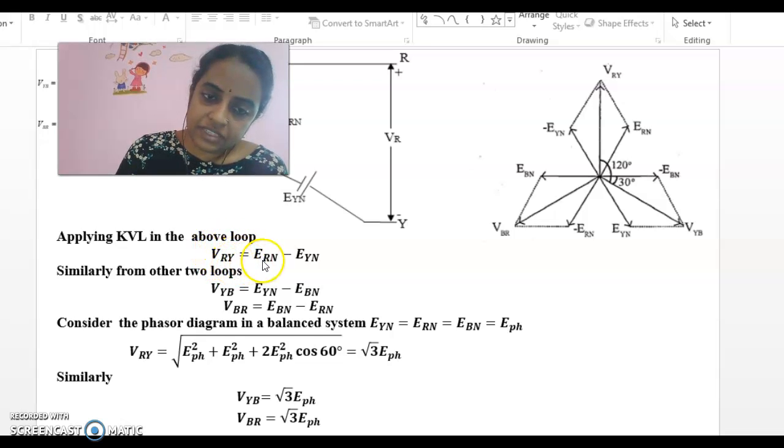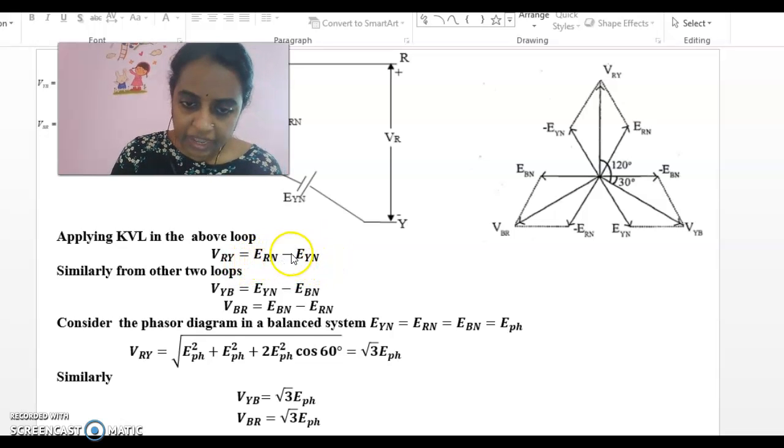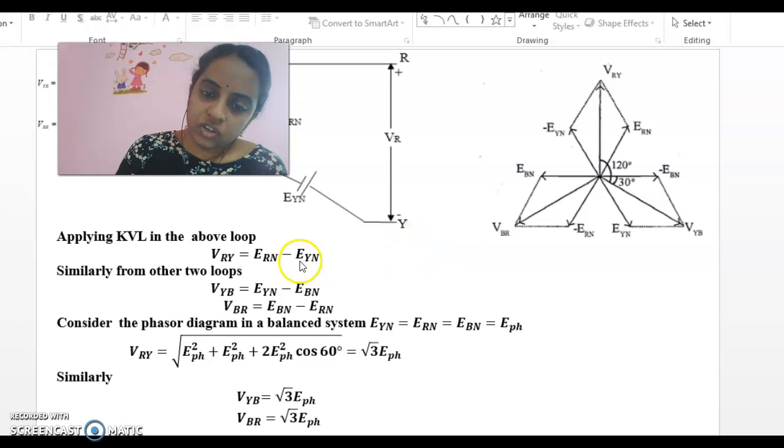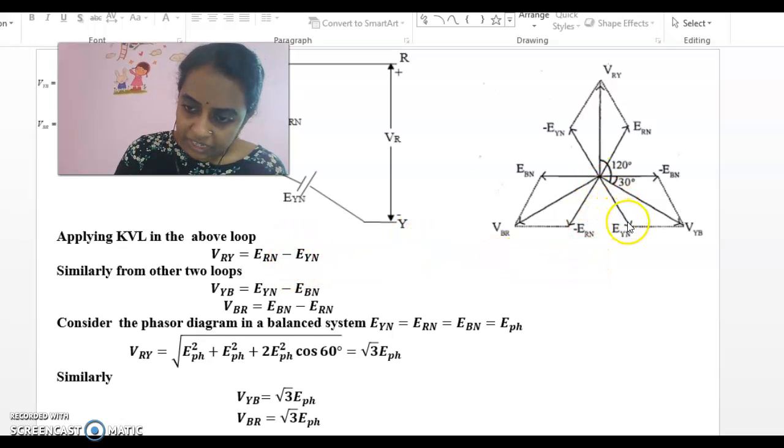VRY is a phasor sum of ERN and minus EYN. I should know what is minus EYN. I know EYN is here, so minus EYN is its opposite.